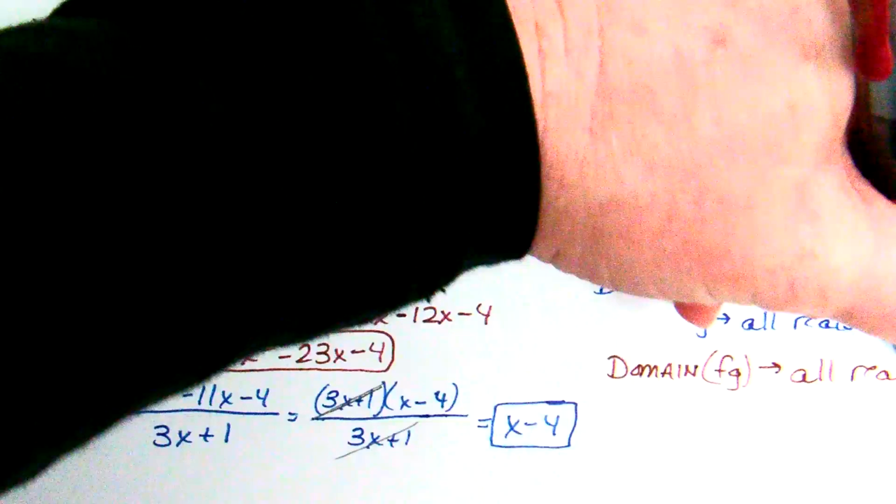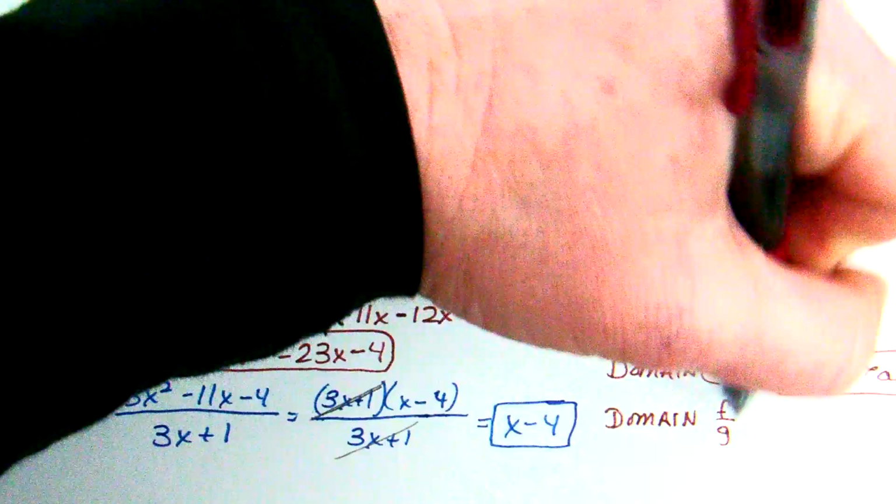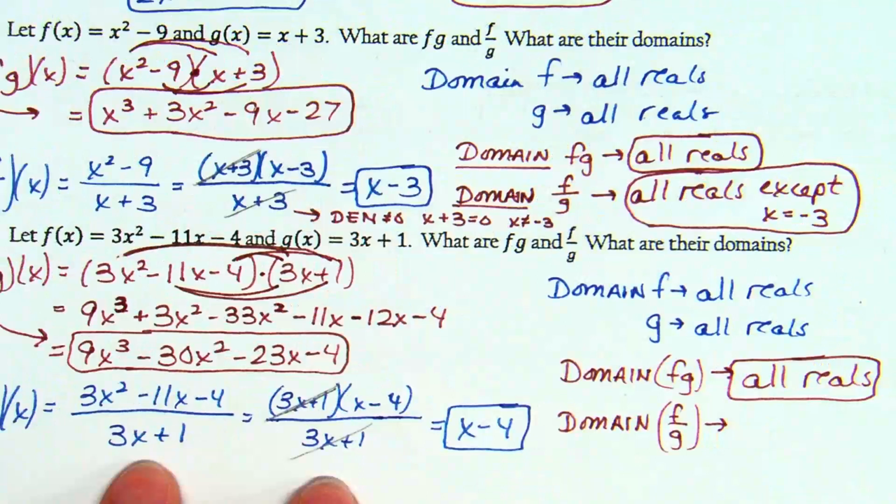What about the domain of f divided by g? Final answer is x minus 4, so that makes it appear fine. However, what did we have to do to get x minus 4? We had a fraction. Said fraction had a denominator. How do I figure out what value will make that denominator equal to 0?